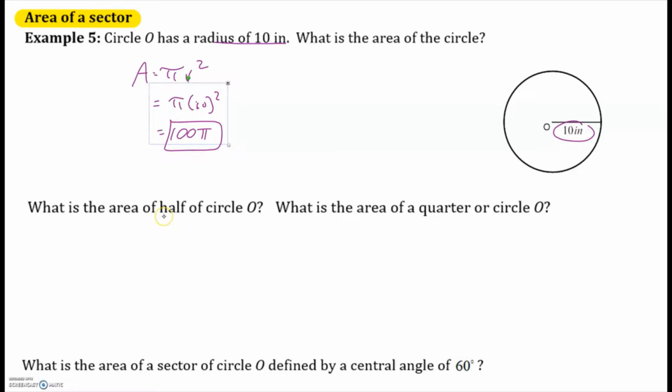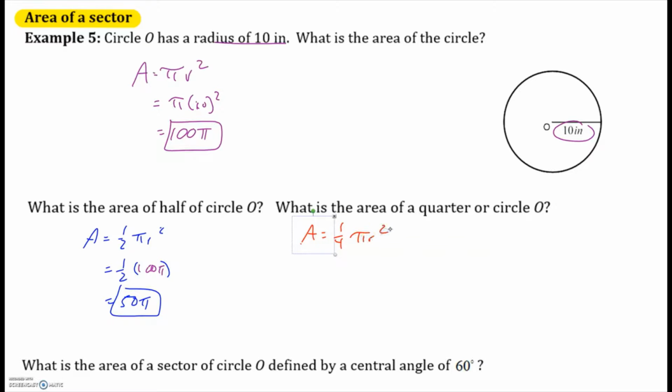So what if I said to you, half of that circle? I know all of you are smart. You would just take that number and simply divide it in half. Then the area equals 1/2 pi r squared, or simply divided by 2. So that would be 1/2 of whatever the area was, which we already found out to be 100 pi. So now my answer is just 50 pi. And if I said a quarter of a circle, well, that's 1/4 the area of the circle.